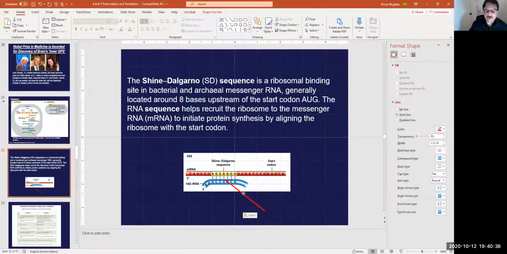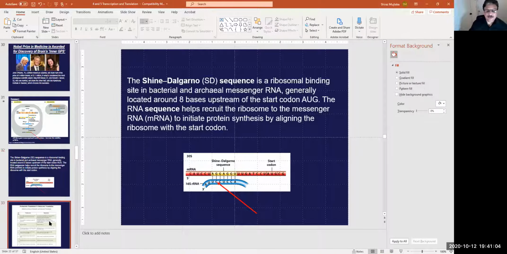Why this? Because when mRNA is traveling to the ribosome, there has to be a launching pad where the mRNA binds to the ribosome. In bacteria, this sequence is called the Shine-Dalgarno sequence. It's a ribosomal binding site for mRNA, right?